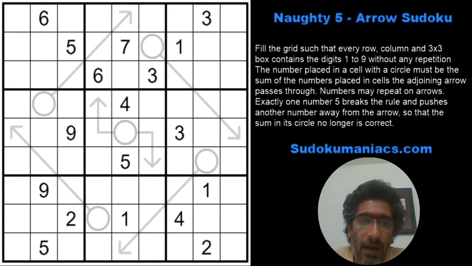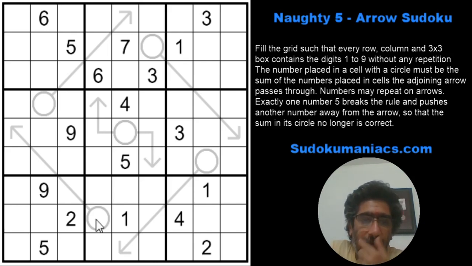However, here in exactly one of the arrows, a single digit 5 plays a party pooper. That is, it will push out one of the legitimate digits and the digit 5 gets placed in that cell, thus making the sum of the arrow wrong.